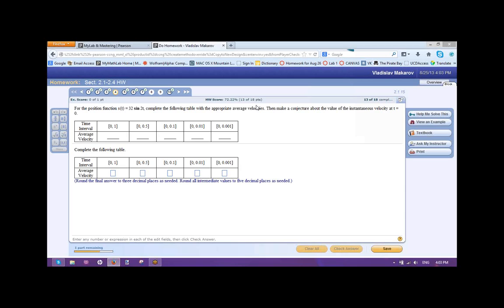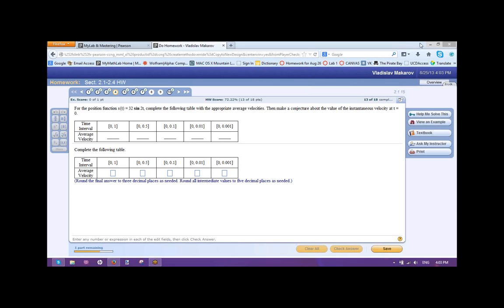Now, is t in radians? It doesn't say. Let's see. No, t is in time. So you're going to be in radians.